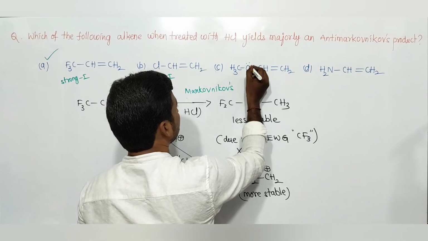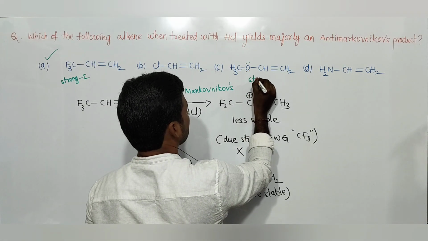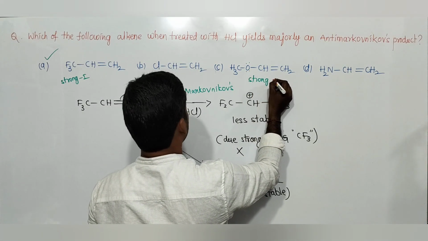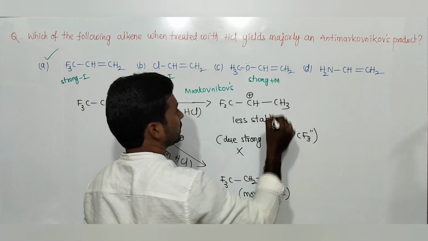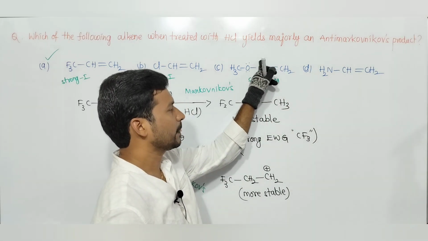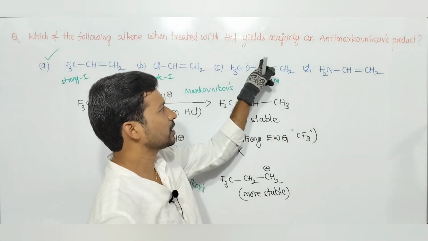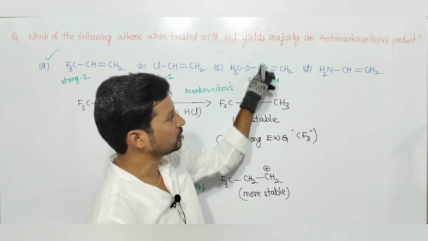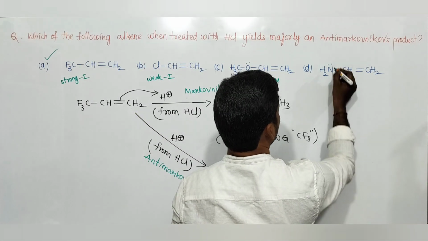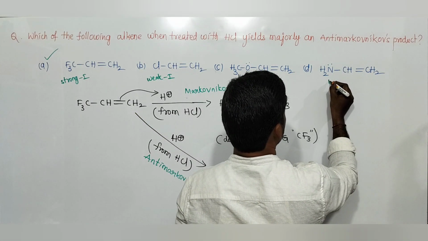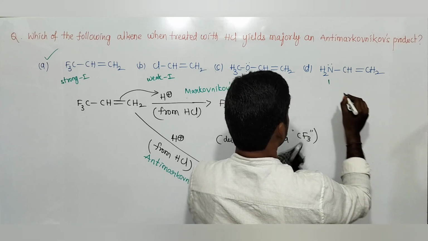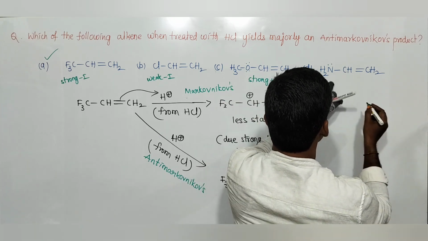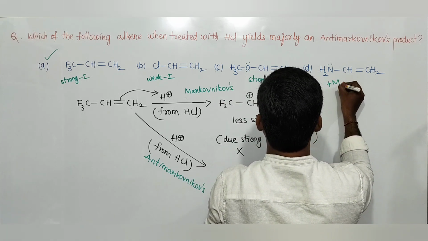So this one is what? Strong plus M group. A strong plus M group stabilizes carbocation. That means hydrogen added here, this becomes positive according to Markovnikov's rule. Here NH2 also is what? Plus M group. Weak plus M group. So definitely plus M. So this is what? Plus M group. So plus M.